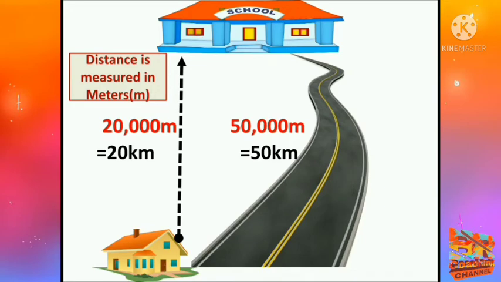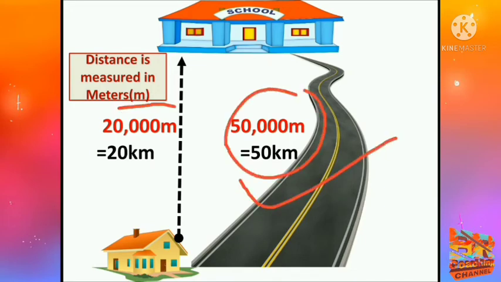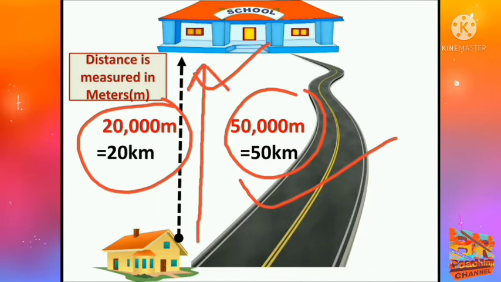See, from the house to the school, whether it is 50 kilometers or 20 kilometers, that is magnitude. That means you are talking only about the magnitude, that is distance. What about the direction? From the house the school is 20 kilometers, that is the shortest distance.